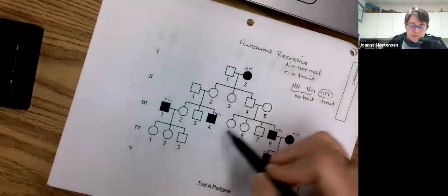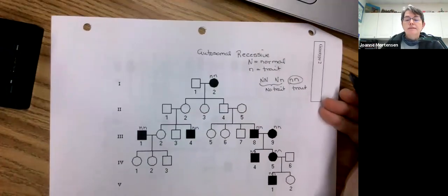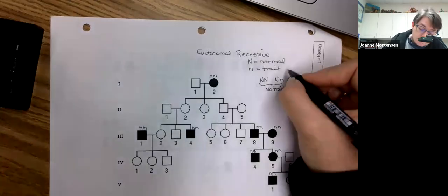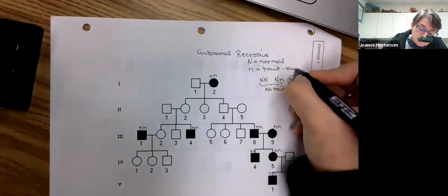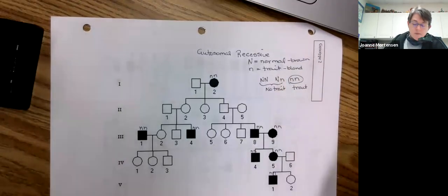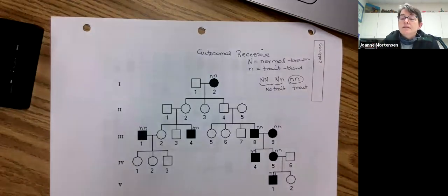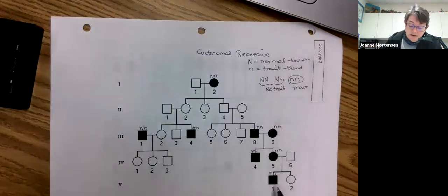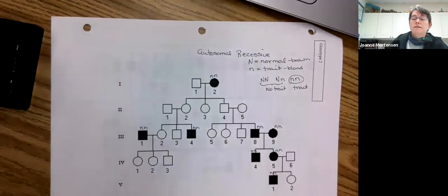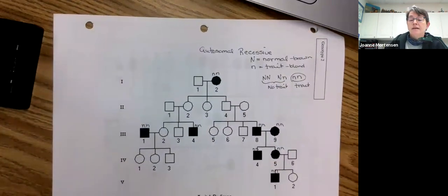So those are all the people that have the trait. Whoops, sorry. Let's say those are all the blondes. And let's say this is brown. What do you know about everybody else in the picture? What color hair do they have? Well, we just said all these colored ones are blonde, which means all the rest of these must have brown hair.